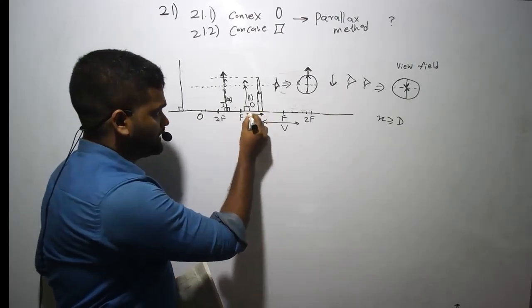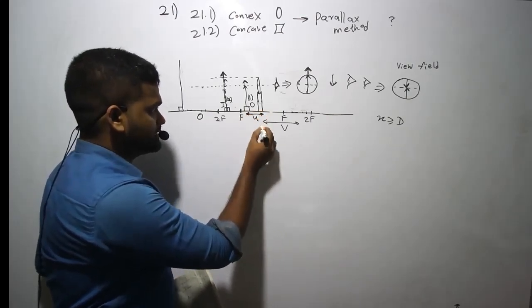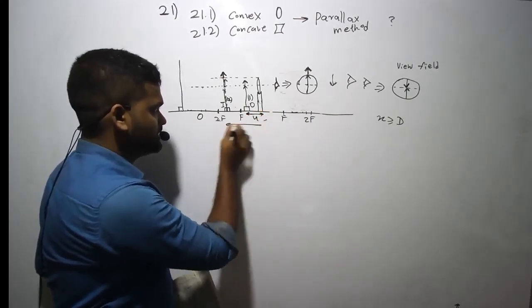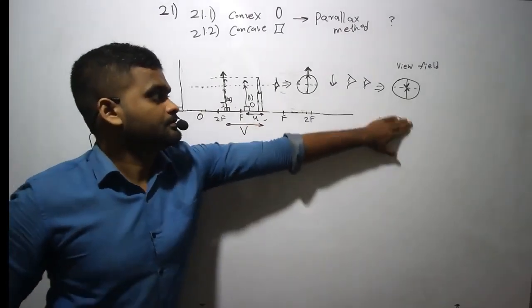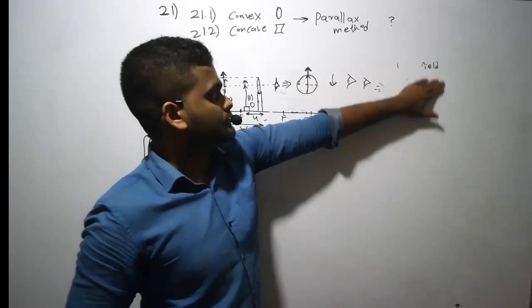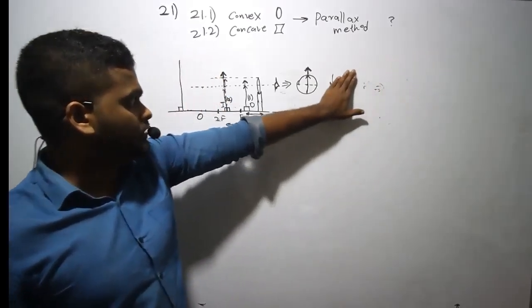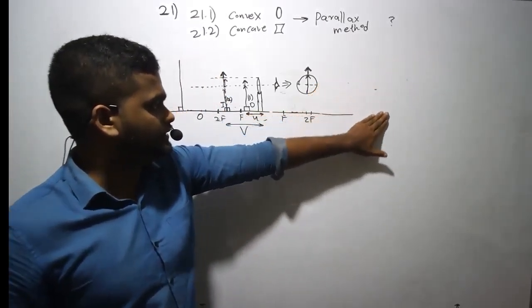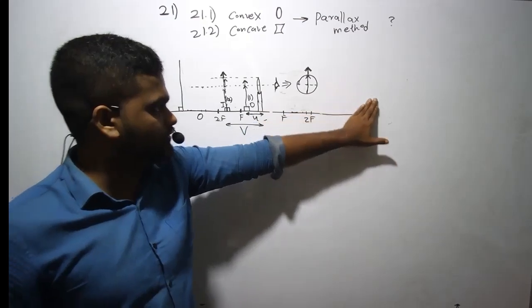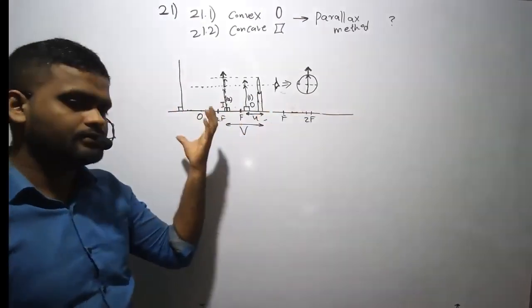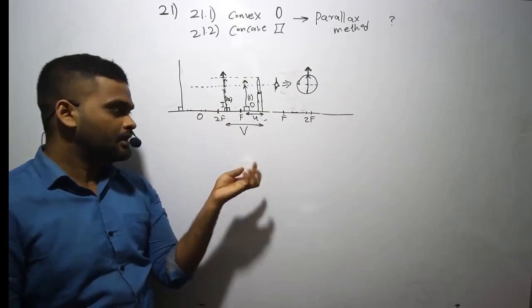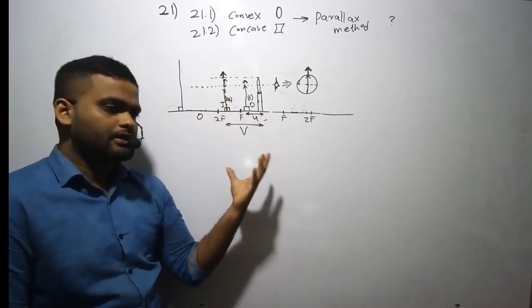So now you get that, then this is going to be the object distance, and this is going to be the image distance. So when you are observing virtual images, you have to follow this procedure. There's a more creative method as well.